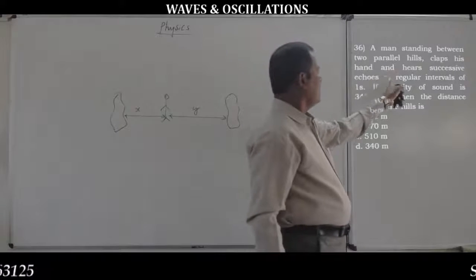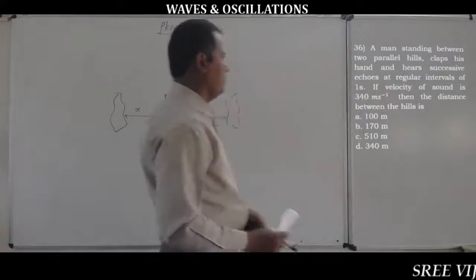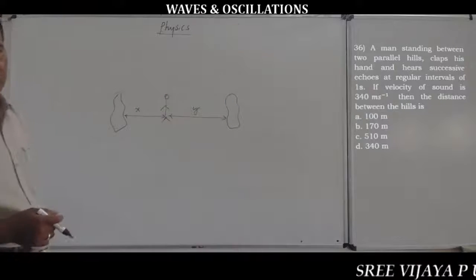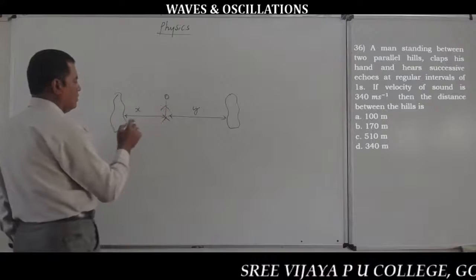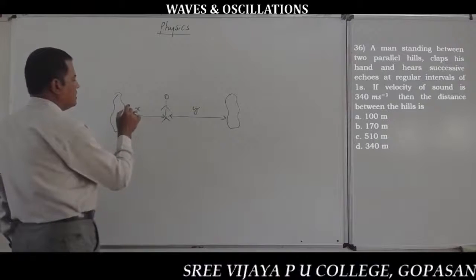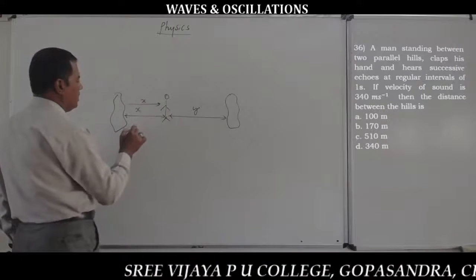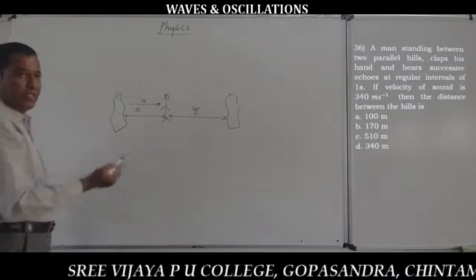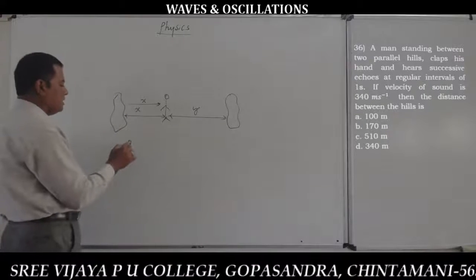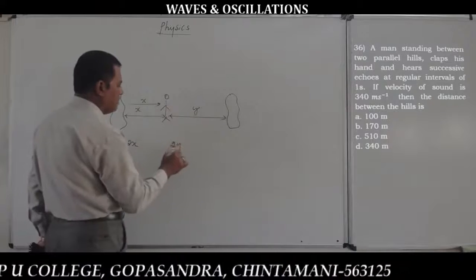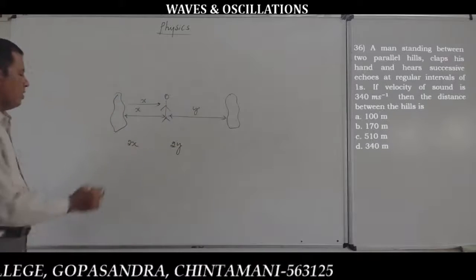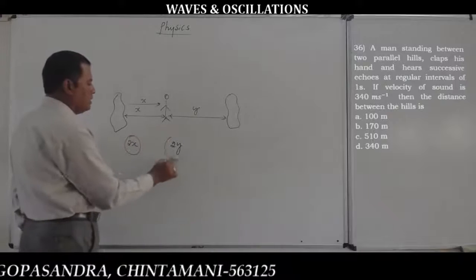Claps his hands and hears successive echoes. Echo is nothing but reflection of sound. If you want to perceive the echo, the sound should travel another distance x here. So therefore totally, for perceiving the echo, total distance traveled is 2x on this side. On this side, the total distance traveled is 2y. This is for perceiving echo, 2x and 2y.